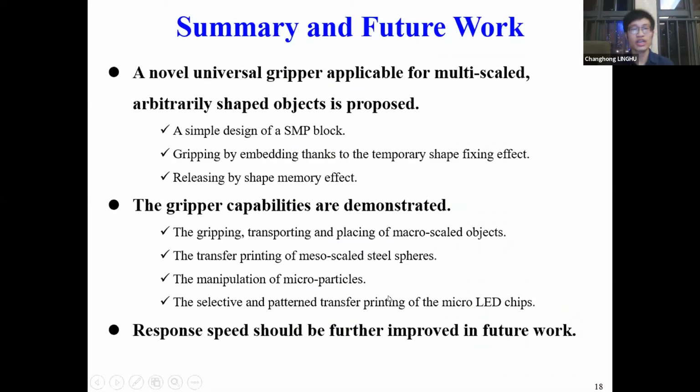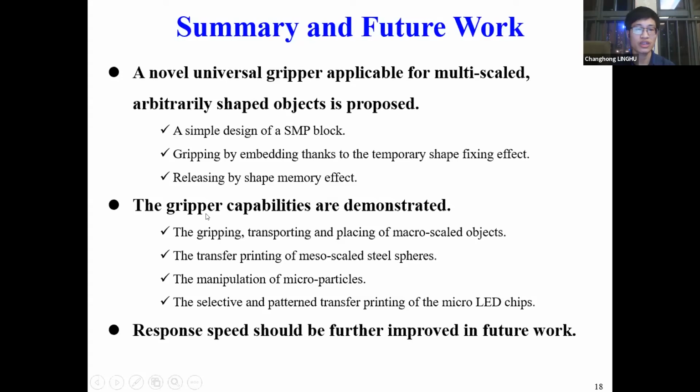So finally, we come to the summary. In this work, we have proposed a novel universal gripper applicable to multiscaled arbitrarily shaped objects, and it's a simple design of a SMP block. The gripping is realized by the embedding of the objects and the temporary shape fixing effect of the SMP, and the release is enabled by the shape memory effect of the SMP.